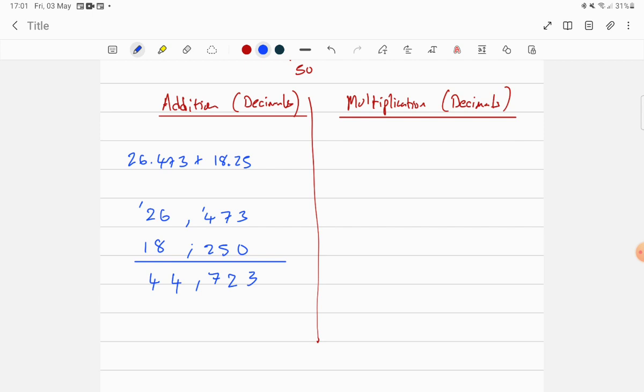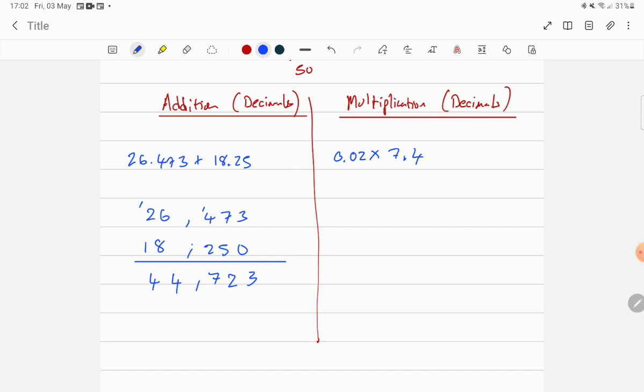And then if we're subtracting, we would also borrow as we did before with the whole numbers. And in terms of multiplication, let's have a look at an example here. Let's say 0.02 times 7.4.